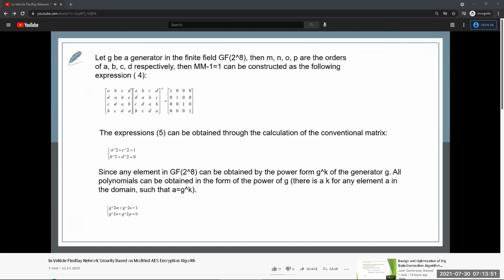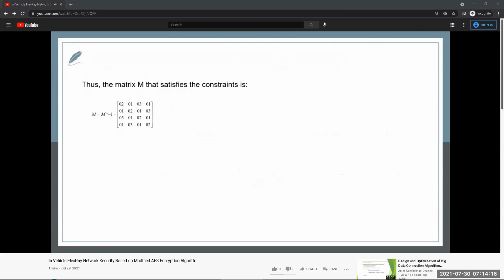The expression can be obtained through the calculations of the conventional matrix, and since any element in GF can be obtained by the power g^k of the generator g, all polynomials can be obtained in the form of the power of g. The matrix M that satisfies the constraints is as follows.